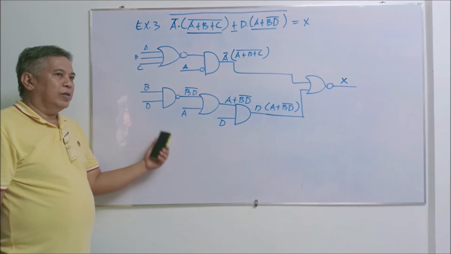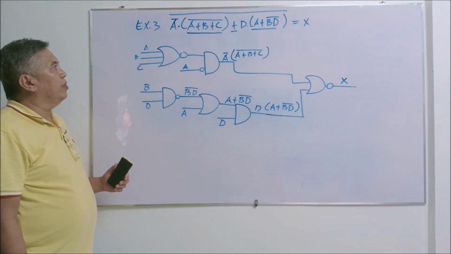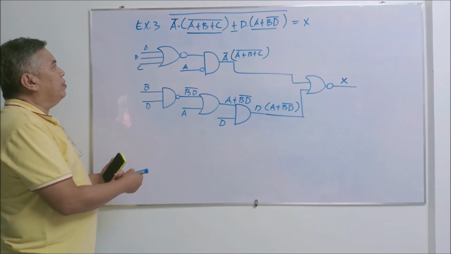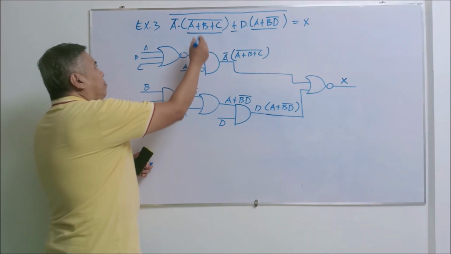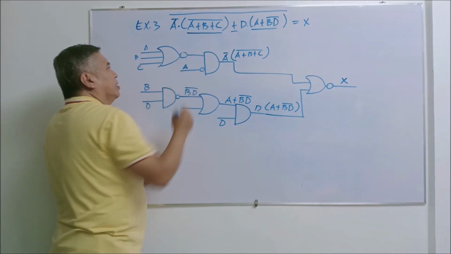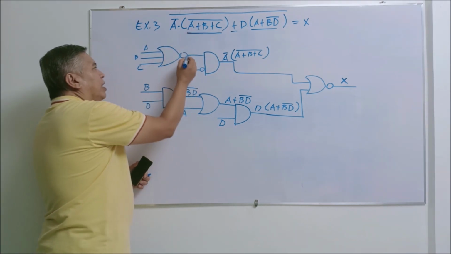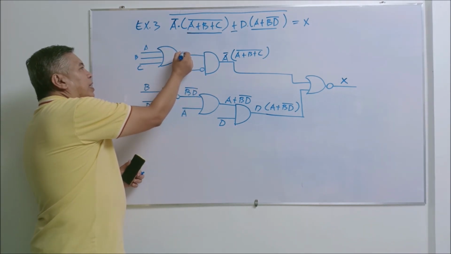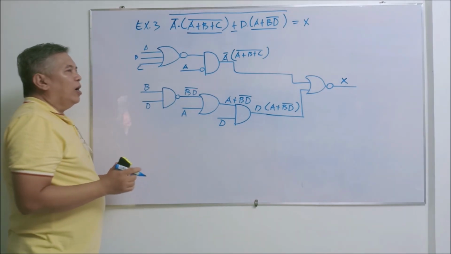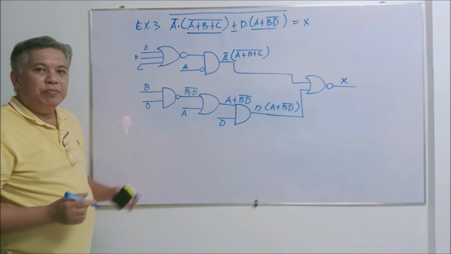So we go back to our previous discussion. I would like to emphasize only that if all variables are complemented together, these variables which are complemented are represented by a bubble at the output part of your symbol.